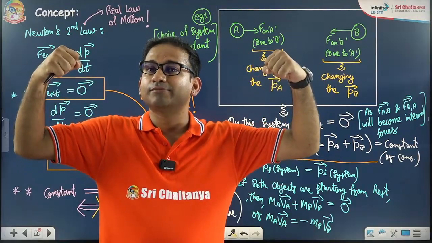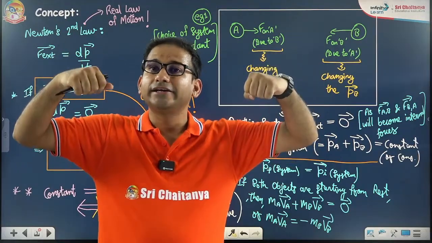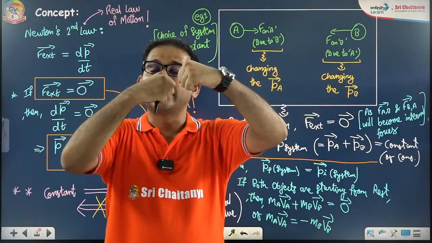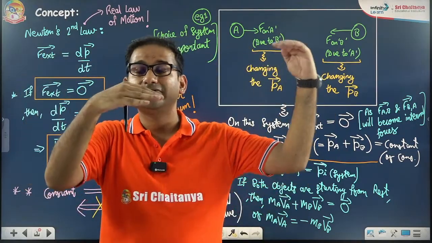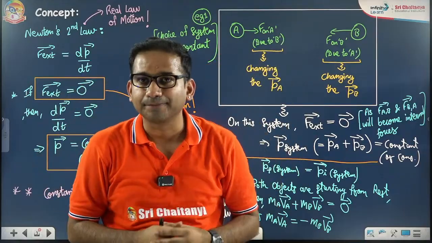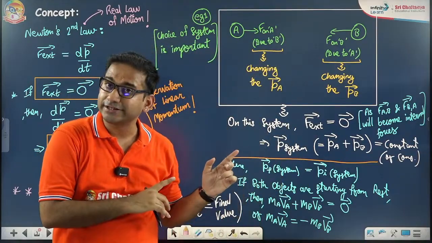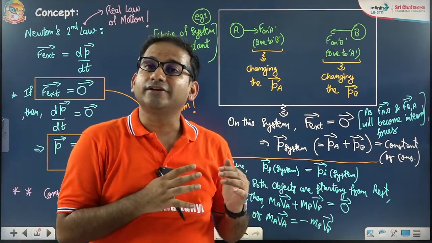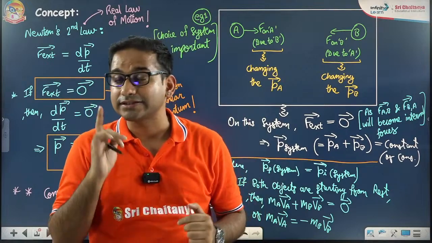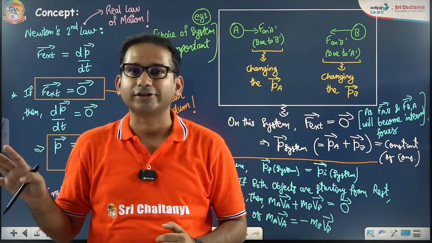But initially their momentum was zero, and finally also they are both moving in opposite directions, and their momenta will be exactly equal and opposite. m1v1 and m2v2 will nullify each other. So initial momentum was zero, final momentum is zero, which means under the influence of internal forces, the system's momentum can't be changed.